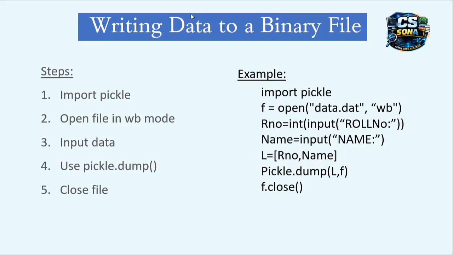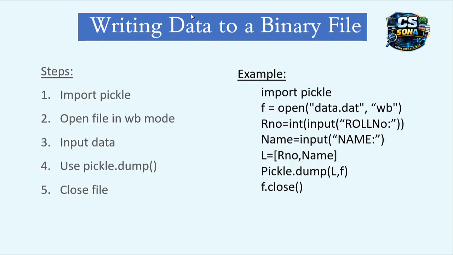Now let's see how to write data into a binary file. Writing data means creating a binary file. First of all, you have to import the Pickle module. Then you have to open the file in wb mode to create the file. You have to ask the user what data they want to store in the data file and take input from the user.